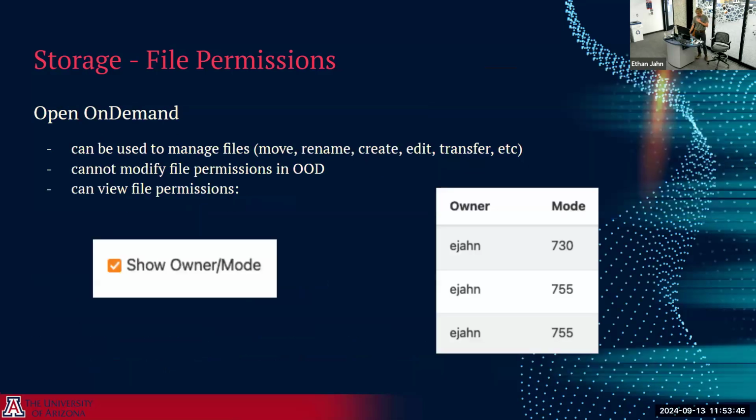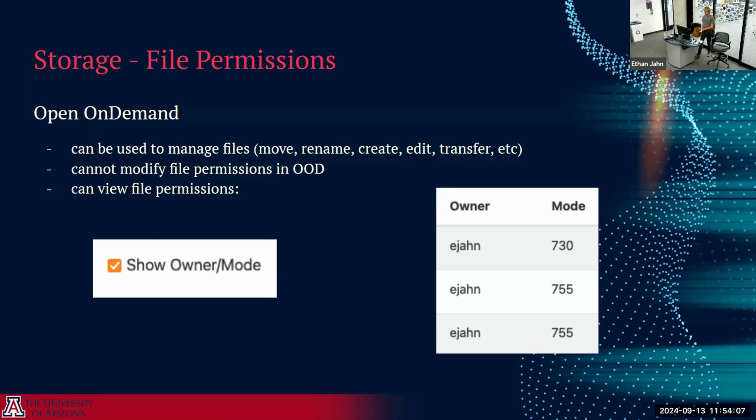Okay, so Open OnDemand can be used to manage files. It's not possible to modify the file permissions in Open OnDemand. So if you want to modify any of those file permissions, you'll have to go onto the terminal and execute those commands that we were talking about. But it is possible to view the file permissions.